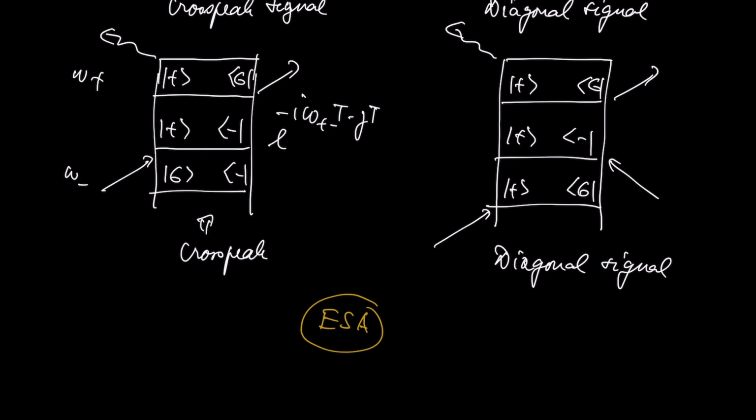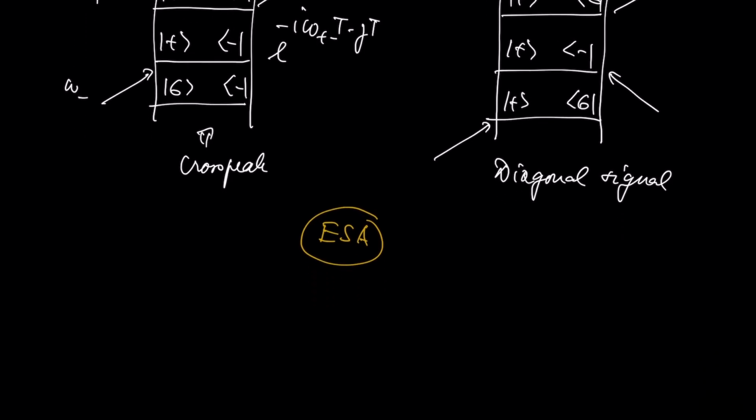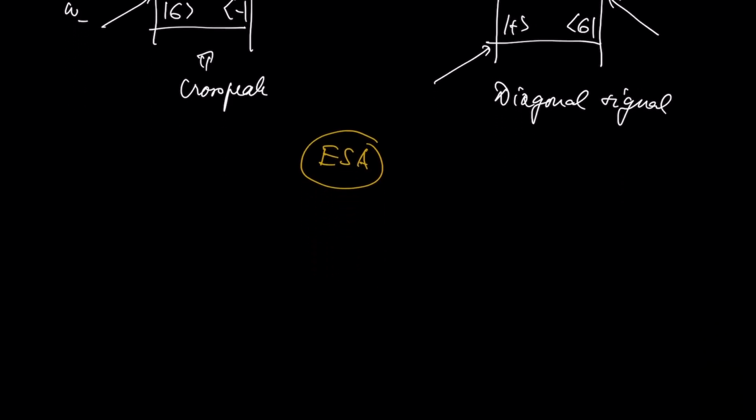Because there's no ground state bleach that could cancel this contribution, I will have to assume that it will perfectly cancel with the available signal we already have here. So I can expect that even in the excited state absorption I have to follow basically the same type of rules, and I will have cross peaks from the rephasing and diagonal peaks from the non-rephasing.